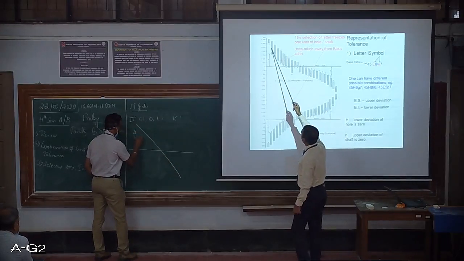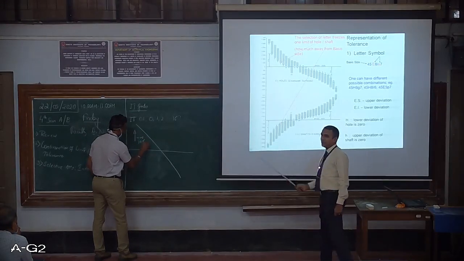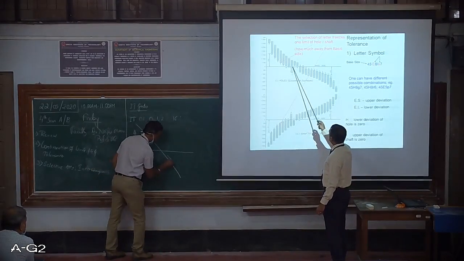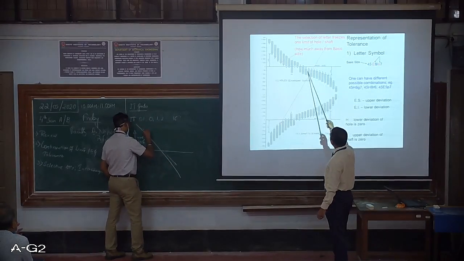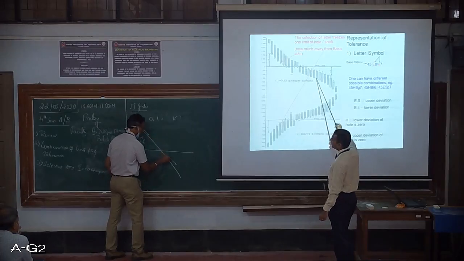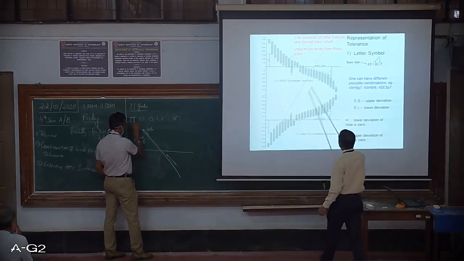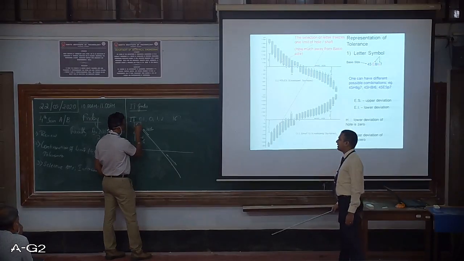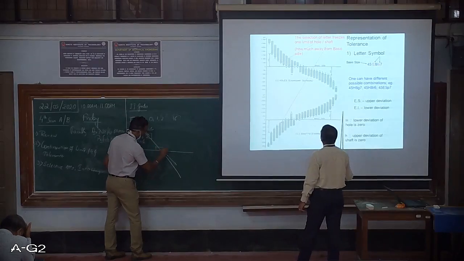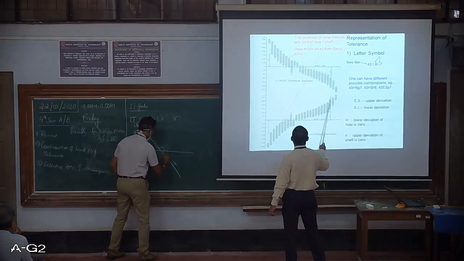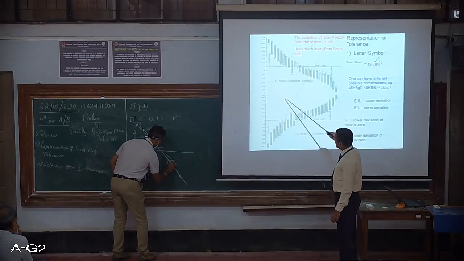So you can see over here A has the highest deviation and H does not have any deviation in case of hole. And as you move further and further, you can see ZC, ZA, ZB, MNP, RST, UV, etc. So all these have deviations on the negative side. Similarly, a similar graph is plotted for the shaft, but all the alphabets are interchanged.